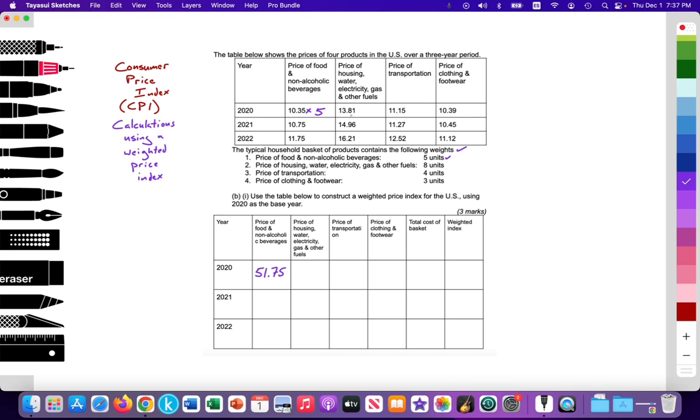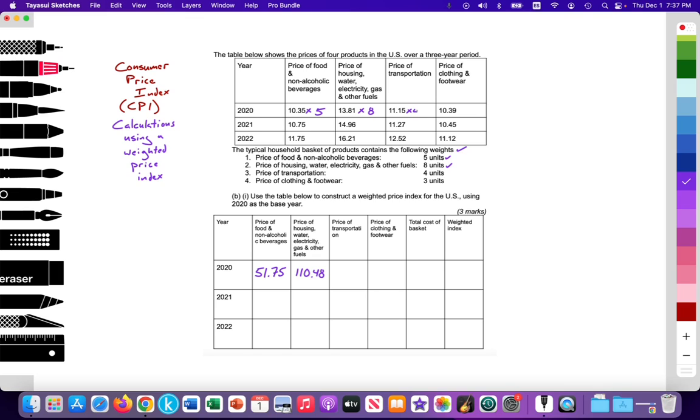$51.75. Then we'll take 13.81 multiplied by the units of 8. 8 units has a greater weight, and that works out to $110.48. Then we have the price of transportation at 4 units.